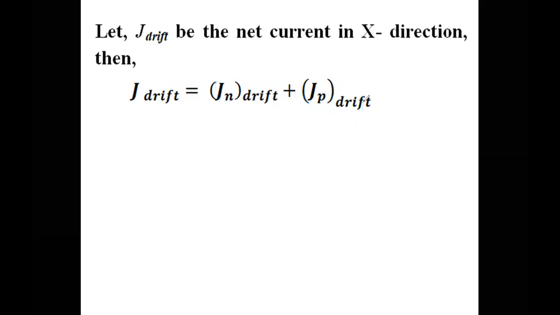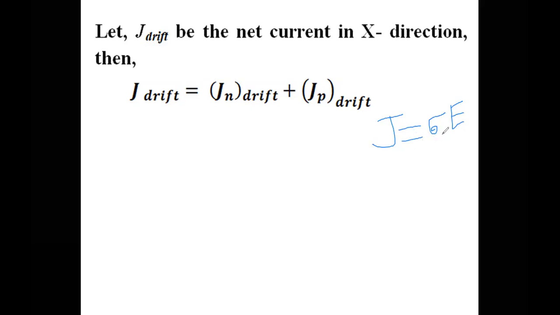Now, if we convert this equation into known formulas that we have already seen, the relation between current density and the applied electric field is that J must be equal to conductivity sigma into E. This is Ohm's law that we verified while discussing Drude-Lorentz theory.